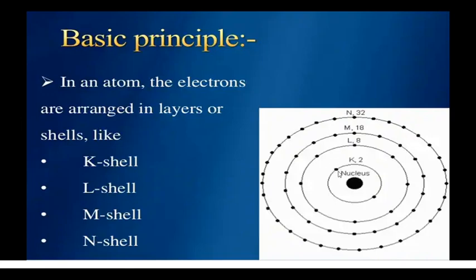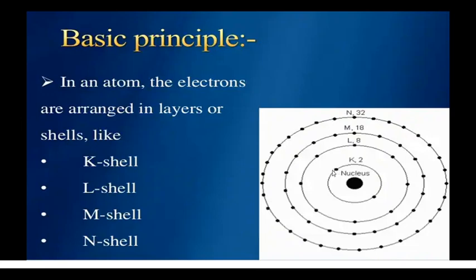Now this vacancy is filled by another electron from the higher shells like L, M or N. Think that an electron from the M shell is occupying this space. An M shell electron has more energy than a K shell electron, so it emits its energy and comes to the K shell.